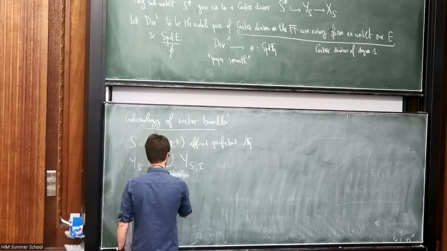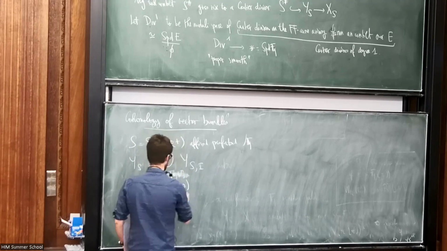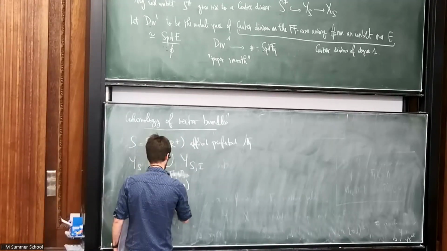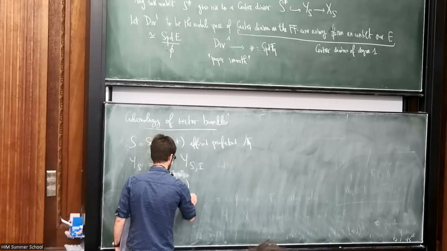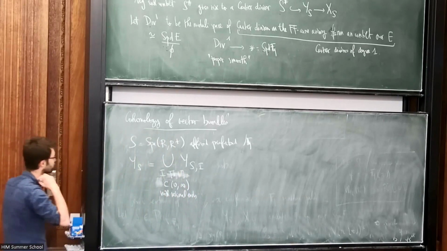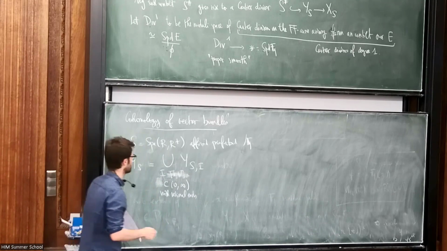So it's a compact interval with rational ends. A and B are both rational numbers. And what is this Y_S^I?